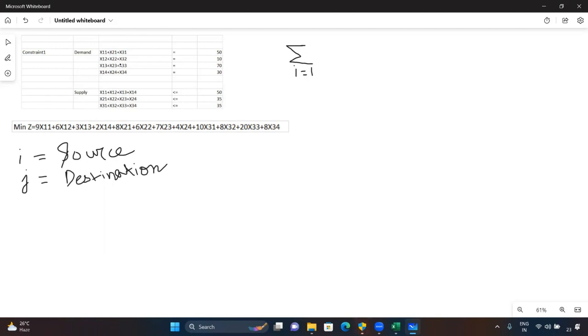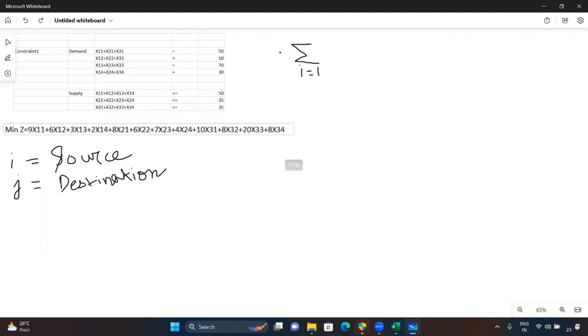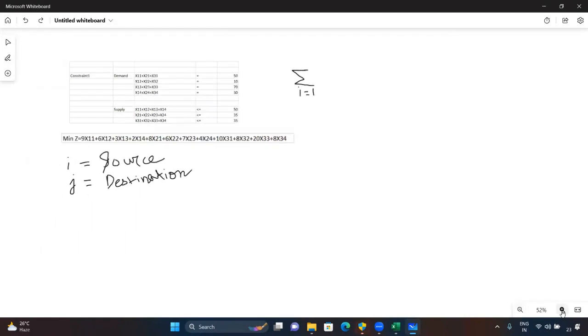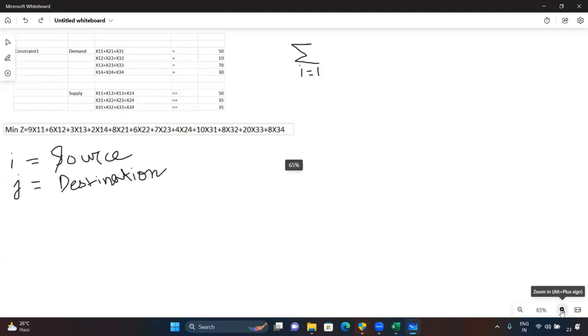And what is the maximum value of the source? The maximum value of the source is 3.